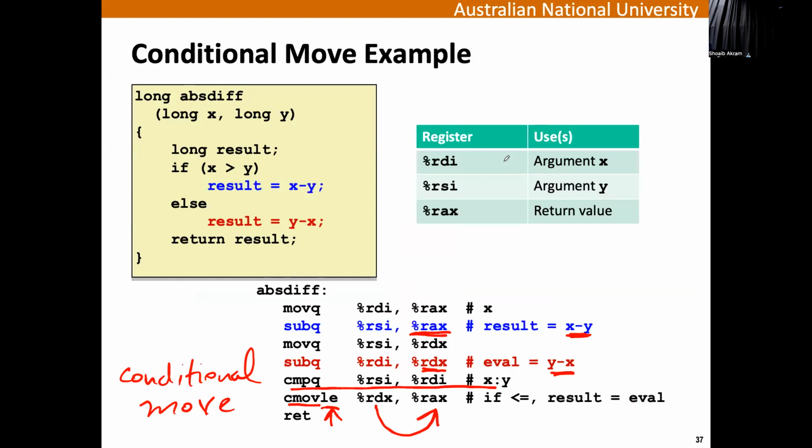Because branches are really harmful to performance. What we do today in our high-end processors, in our high-end CPUs, we don't execute one instruction at a time, one instruction every cycle. At any given point, we are trying to execute as many instructions as we can. And this phenomenon is called instruction level parallelism.